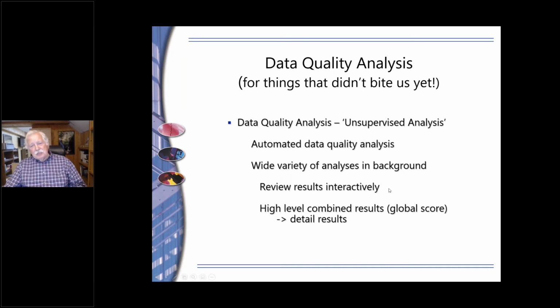But the interesting thing is, after the analysis happens, you can review the results interactively, of course.